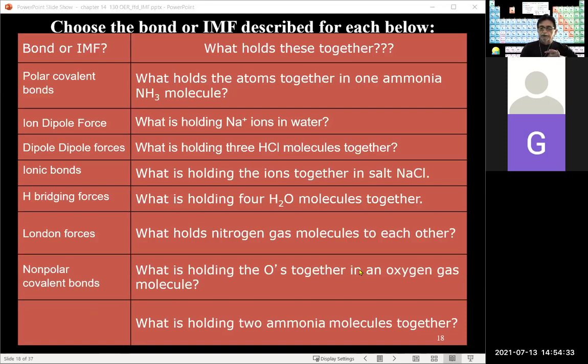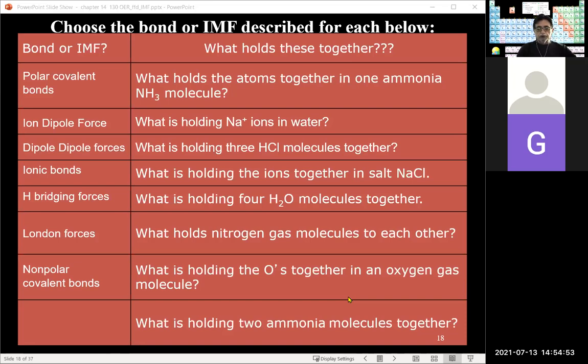And holding 2 ammonia molecules together, now we're back to inter. What do we know about ammonia? It's polar. Therefore, no London forces, no ion-dipole forces involved here. So it's either dipole-dipole or hydrogen bridging.